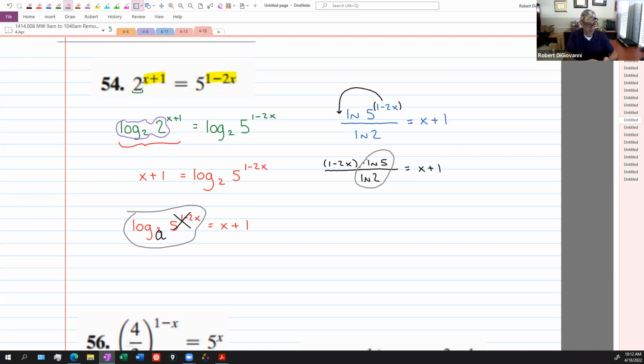Take the natural log of 5 divided by the natural log of 2 and get a decimal answer. You should get, 1 minus 2x is still here, but those two divided together give me times 2.322, I'm rounding, equals x plus 1.